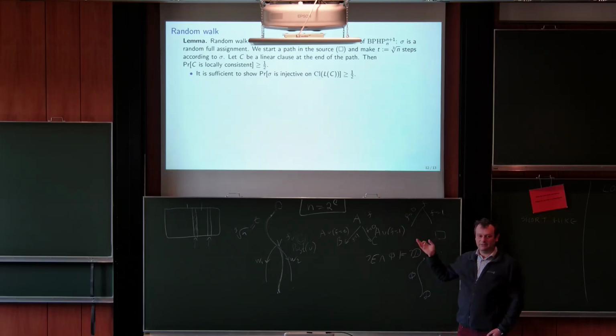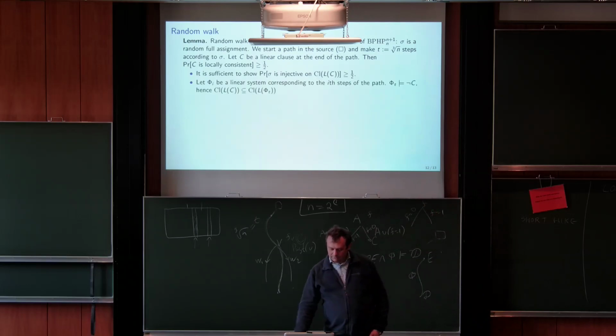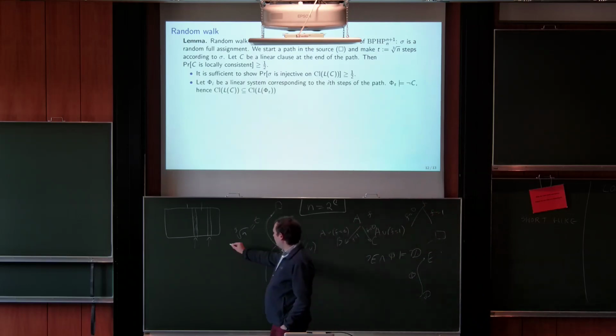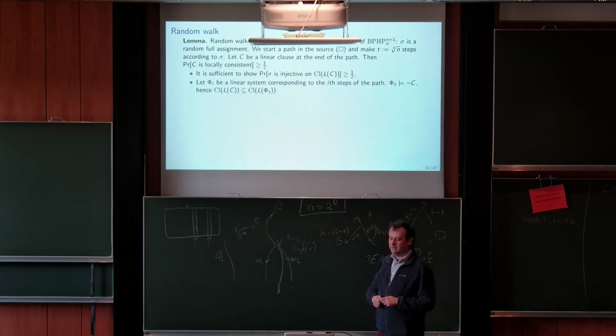And here we can use the lemma, and we go to this local system. And moreover, if we consider some path of length l, t_i will be the linear system corresponding to the i-th step in this path.